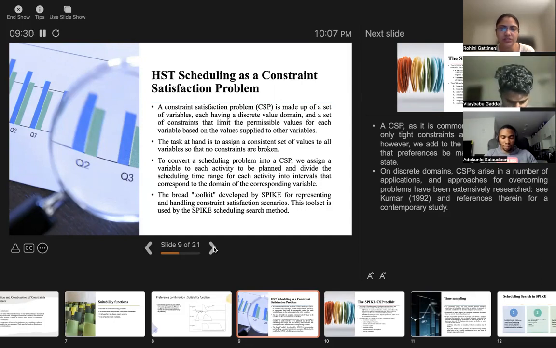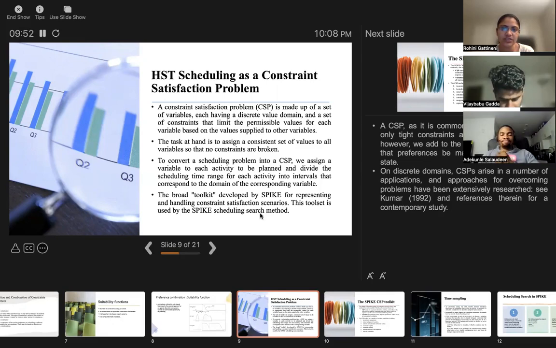To convert this scheduling problem into a CSP, we assign a variable to each activity to be planned and divide the scheduling time range for each activity into intervals that correspond to the domain of the corresponding variable. And we have a broad toolkit developed by Spike for representing and handling constraint satisfaction scenarios.